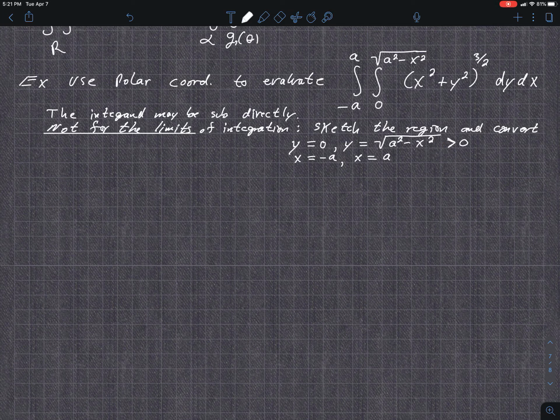To see what this is, we can square both sides and simplify. You may recognize it right away, maybe not. If you square both sides, you get y squared is equal to a squared minus x squared. That is equivalent to x squared plus y squared equals a squared. So we can see that's a circle, but it's only the top half, because you have the positive square root.